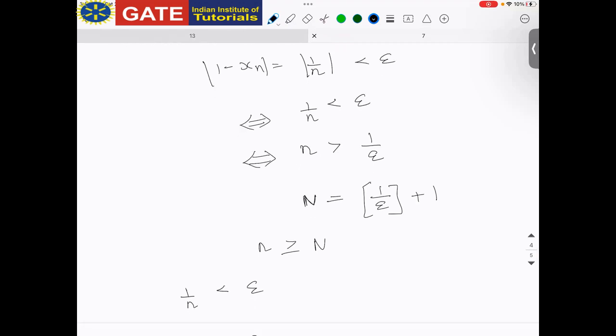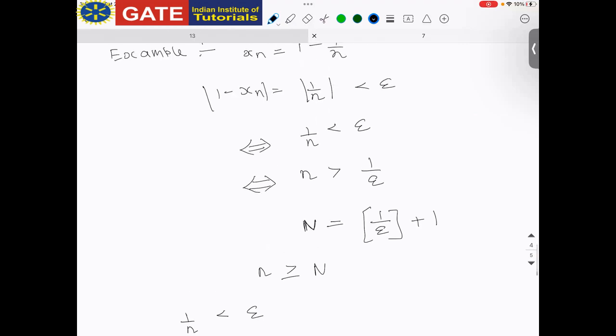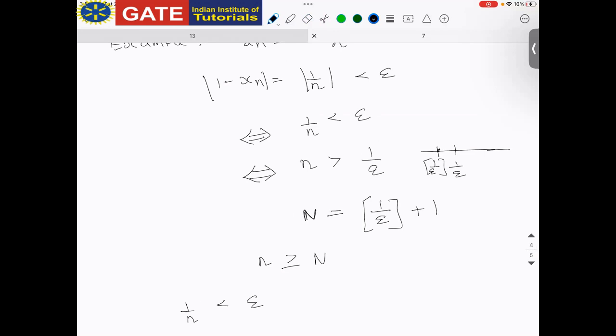So capital N, you have set capital N to be a particular value of small n, right? Yeah, because I need this to be an integer. So 1 by epsilon may not be an integer, right? So I am choosing the greatest integer of 1 by epsilon, then plus 1 will be here. Why then plus 1?